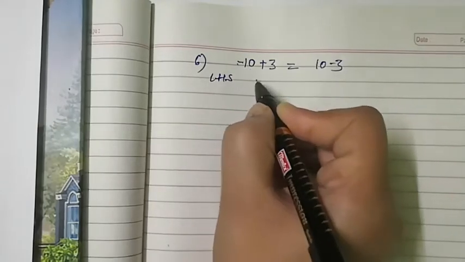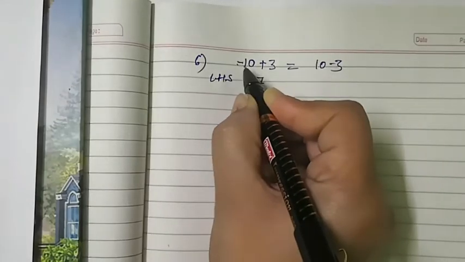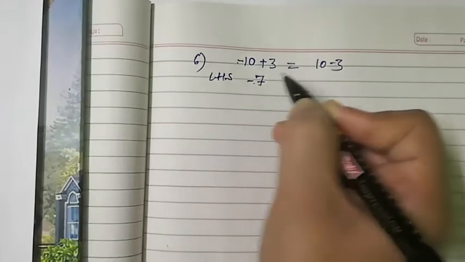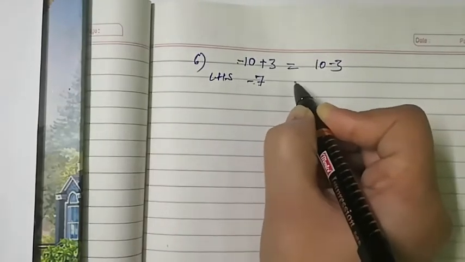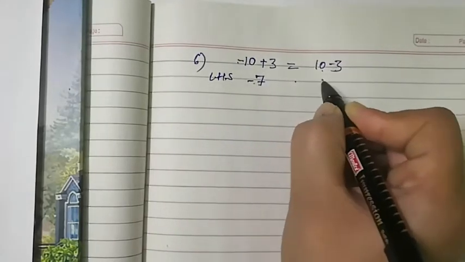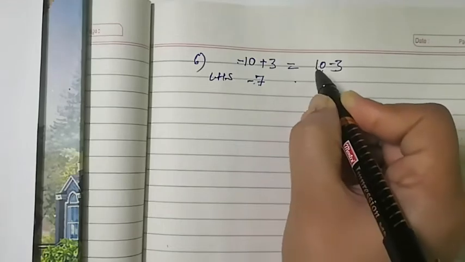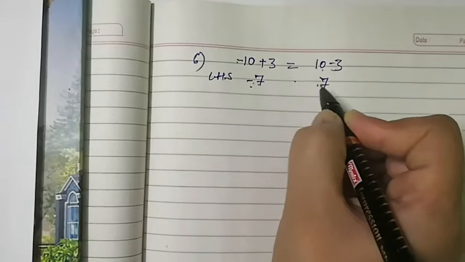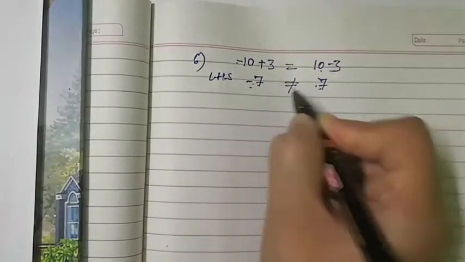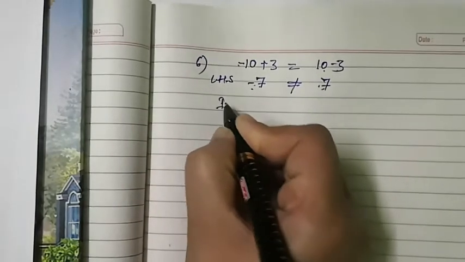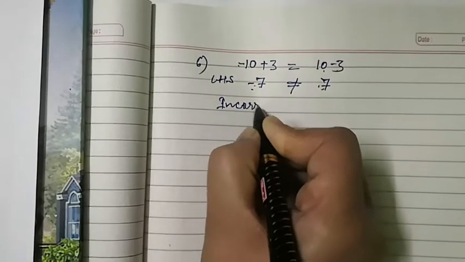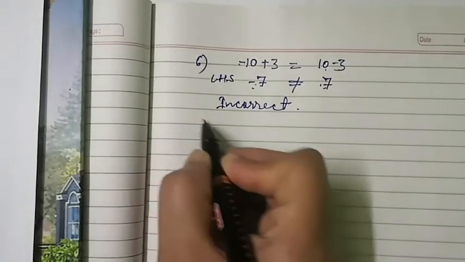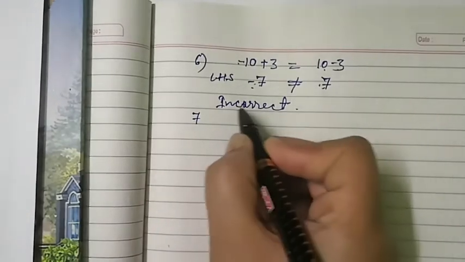Then we subtract here and we get 7, but the sign of the bigger number we put here, so minus 7 will be here. Now see this one, 10 and minus 3 we get 7, and the sign of the bigger number we put here, that will be plus. Minus 7 and plus 7 are not equal, so this equation will be incorrect. Is it clear? Yes, this equation will be incorrect.